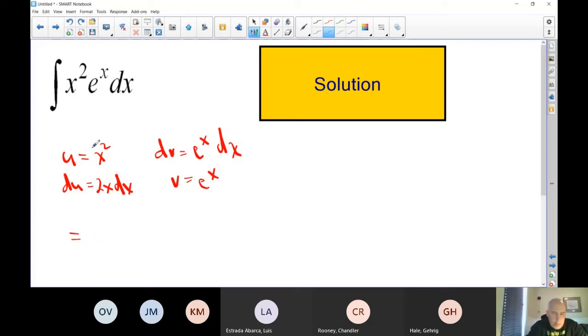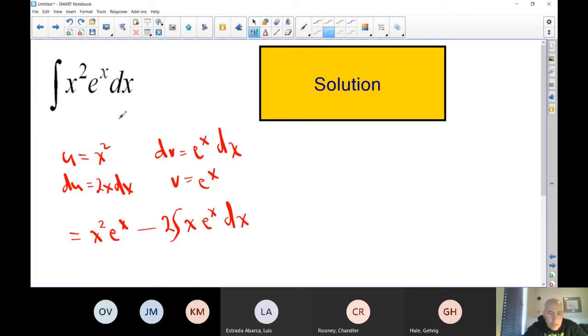My formula will be uv, x squared e to the x, minus the integral of v du, so v times du. I've got 2x e to the x dx. This integral is better than what I started with.